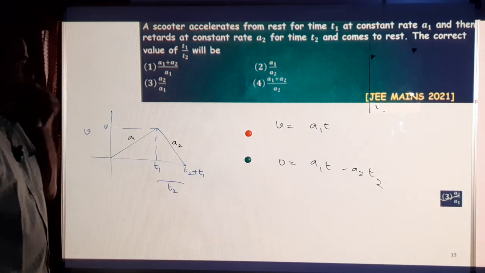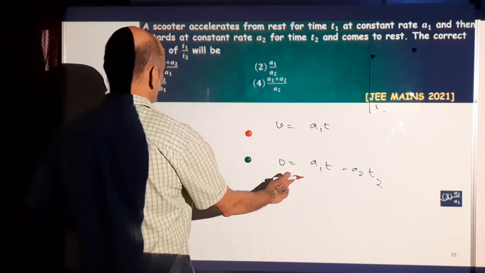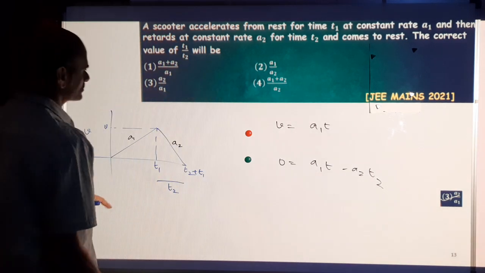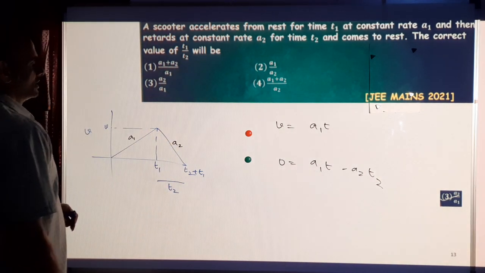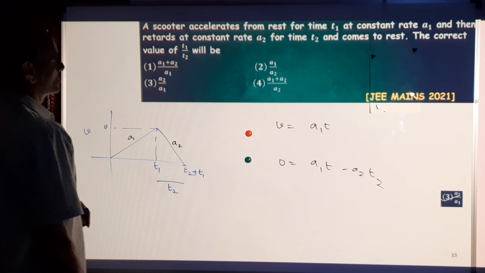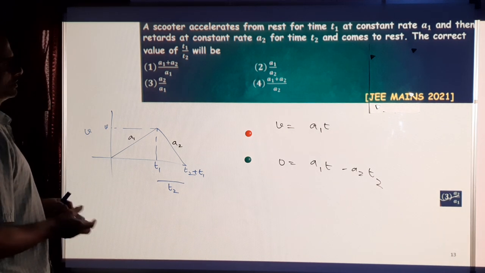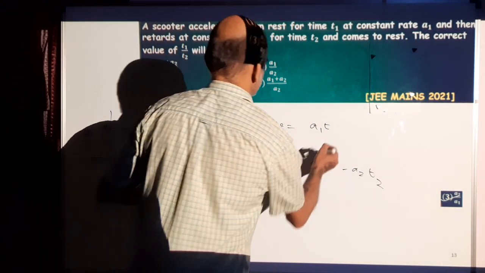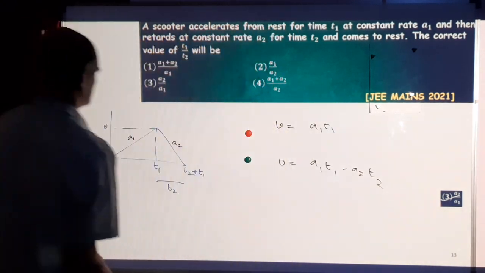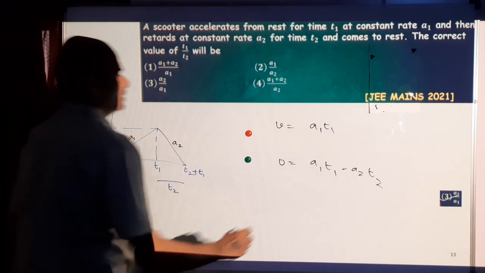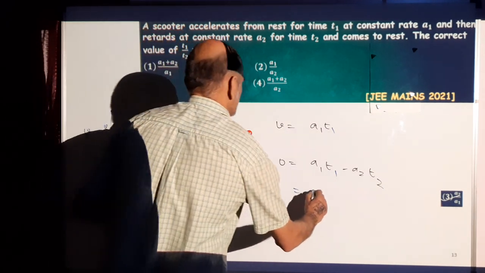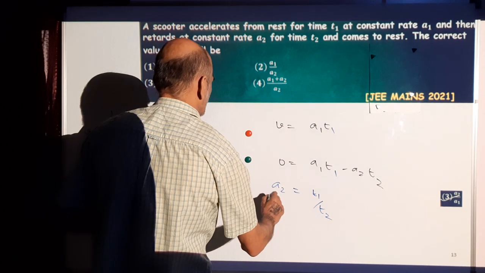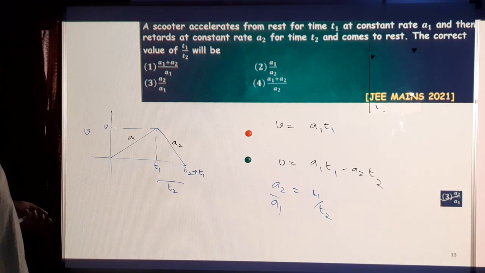Initial velocity is a1 t1, final velocity is 0 and the acceleration is minus a2 because a2 is a retardation value. So t1 by t2 is a2 by a1. Option 3.